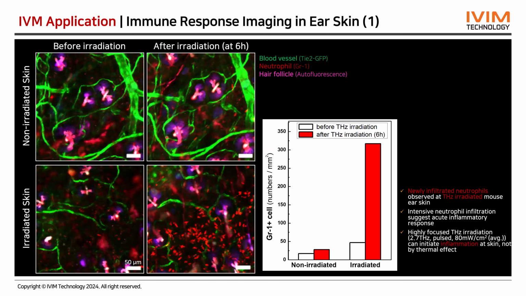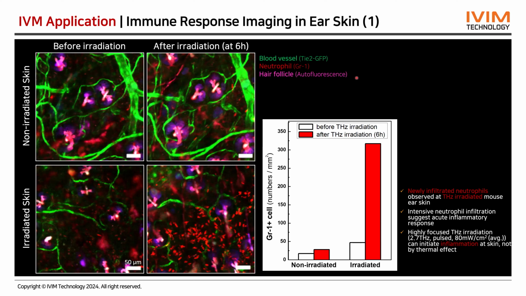The images in the upper panel represent the ear skin of the control group, which was not exposed to radiation, while the images in the lower panel show the test group after radiation exposure. Given that both images are at the same scale, we observed approximately 6 times more neutrophils gathering at the radiation-exposed site compared to the control group.